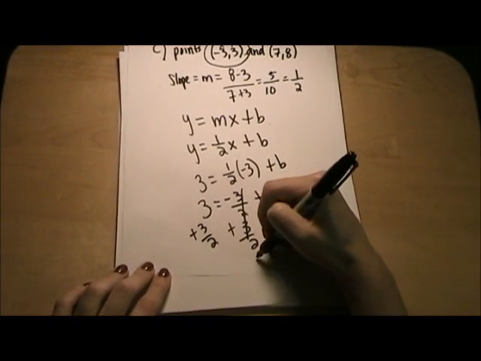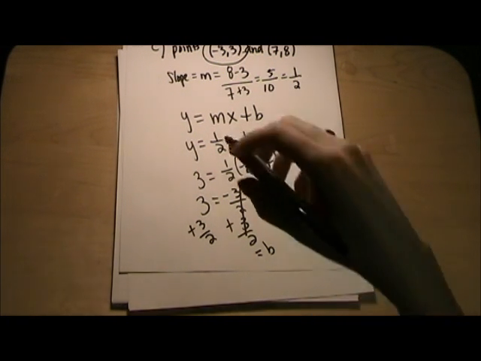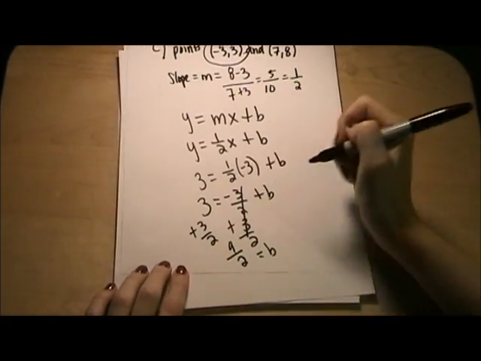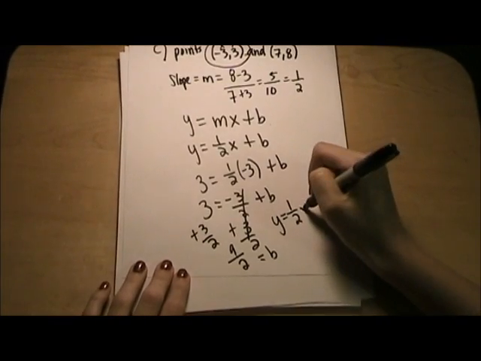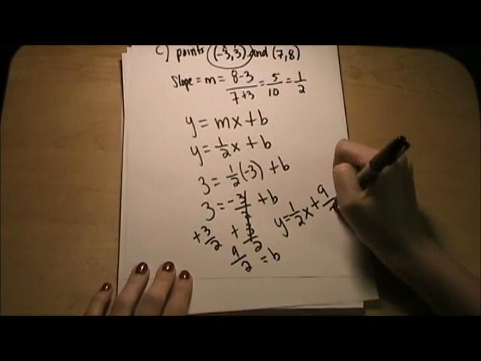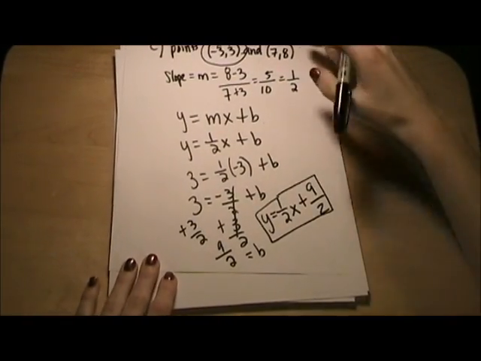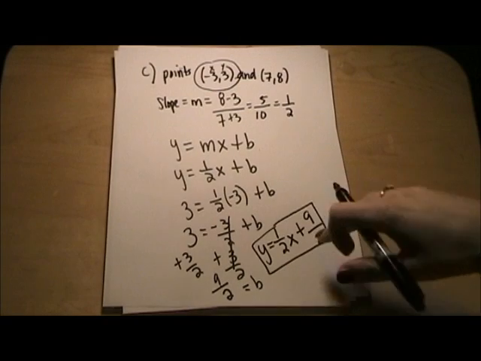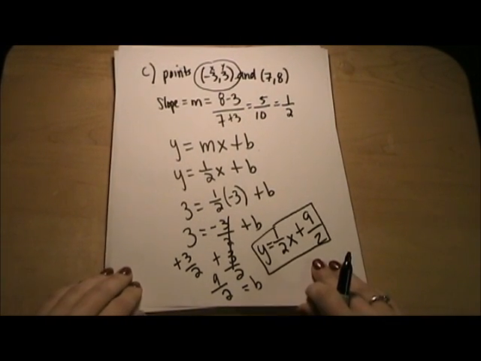So we get b equals 3 plus 3/2 is going to be 9/2. Okay. So our final equation, y equals 1/2 x plus 9/2. If you picked (7, 8), you can go through and try it, but you'll get the same answer. So 1/2 x plus 9/2.